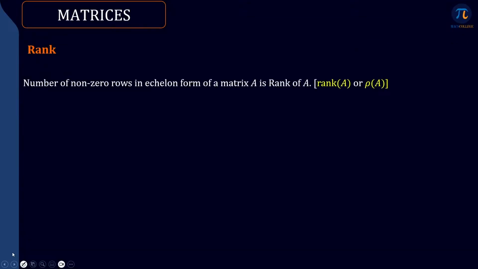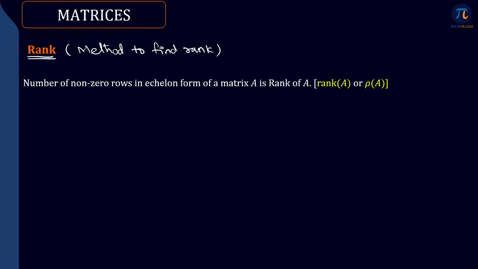Okay, so please note that. What is rank? It is actually a method to find rank, sir. Of course, some people also give it as definition, but that is not a good idea. Method to find rank: what we need to do?